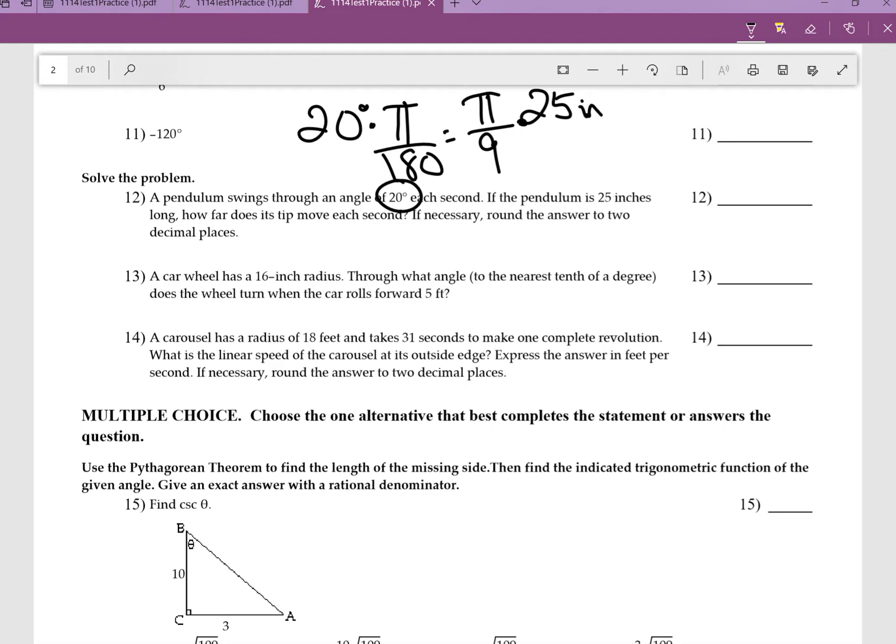When you do the math, remember that this is 3.14, so it's equivalent to 1/3 divided into 25 as a rough estimate. And all you need to do at that point is say, okay, well then pi times 25, which gives you approximately 78.5 divided by 9, is approximately 8.73. And so in this case, since we want 2 decimals, that's our answer.